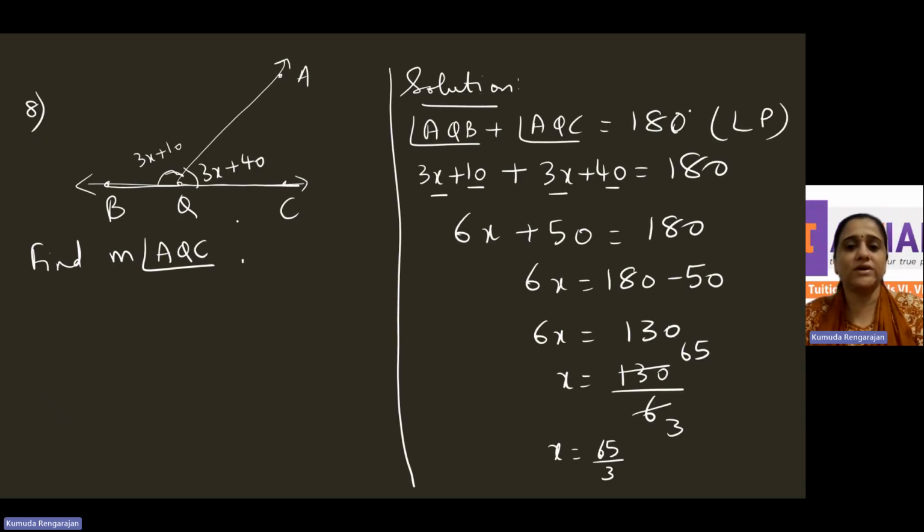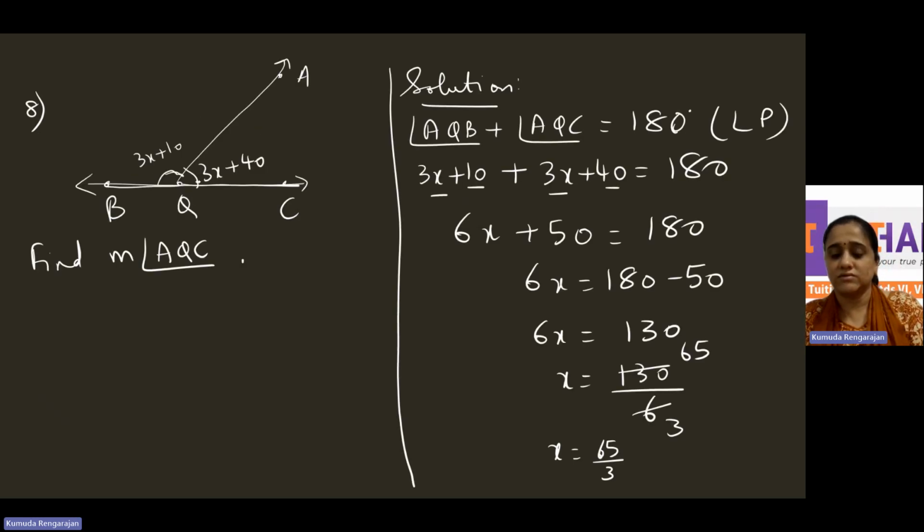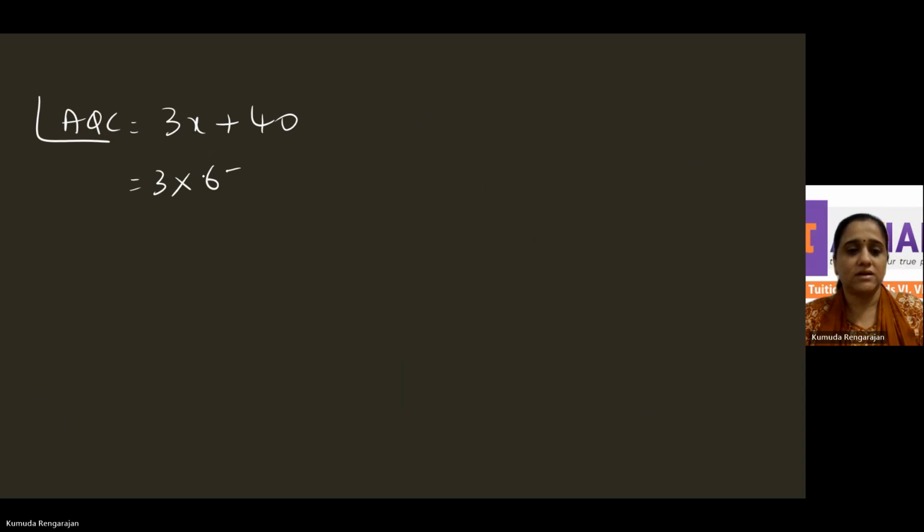Is this fine? Now, what should we find? Angle AQC is equal to 3x plus 40. That is equal to 3 into 65 by 3 plus 40. Very good.